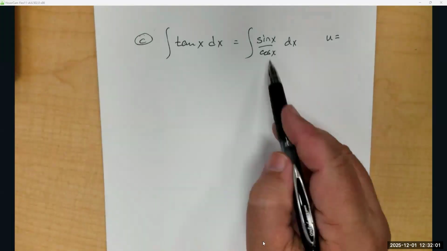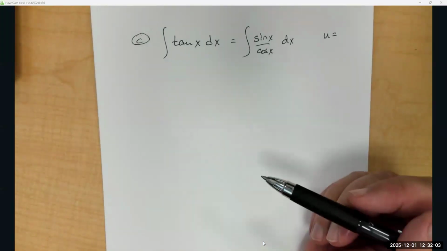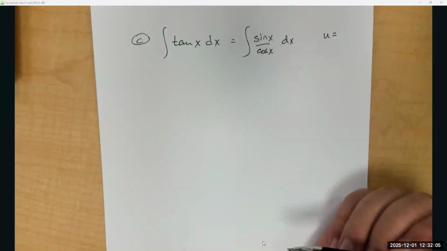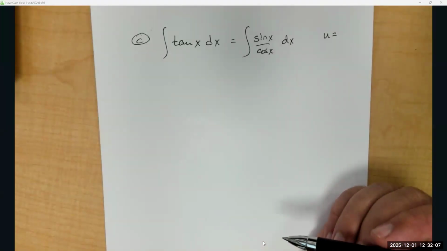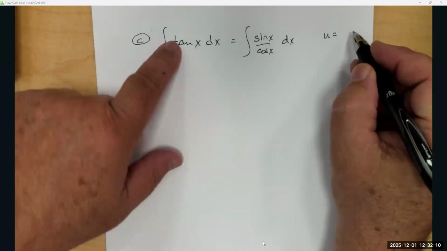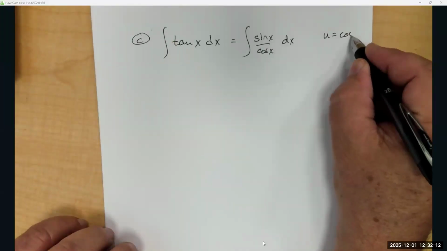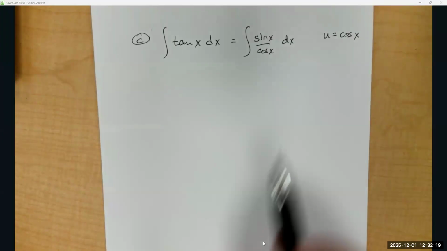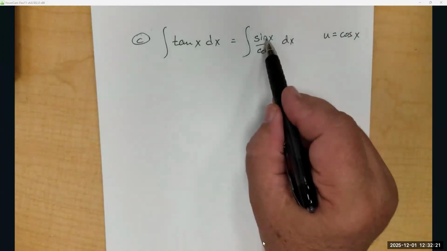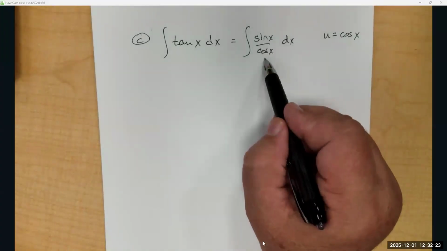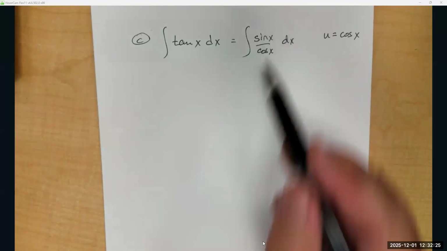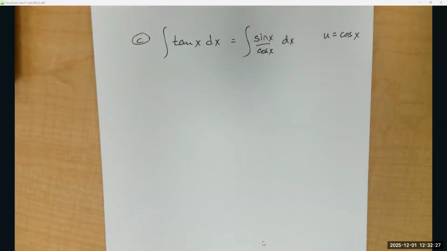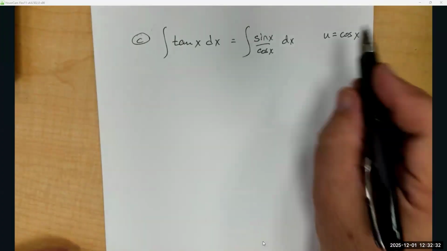In this case, we have two functions. Is it going to be the top one or the bottom one? If it's top and bottom, 99.9% of the time it's the bottom. The derivative of sine is cosine, but when we do this, the integral of it is not going to help us any, because I'll show you why.